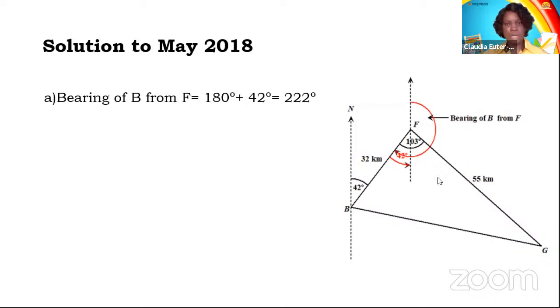Look at the visual. You have to take a picture of the visual. You are given the corner, which is 32, 103, and 55. So even if you got part A wrong, you are still given something that you know. You are given a corner and an angle, and you're asked to find the opposite side. So you're applying the cosine rule. Don't sweat it, just go for it.